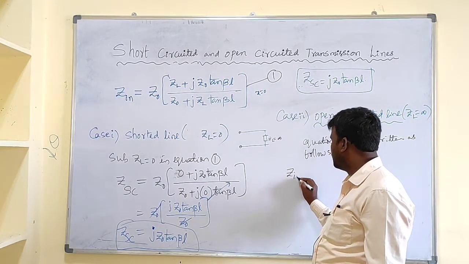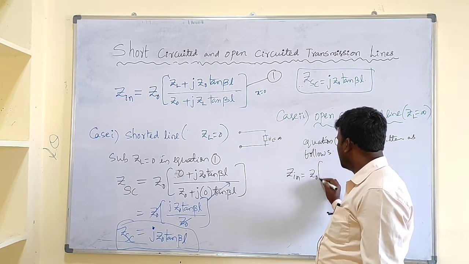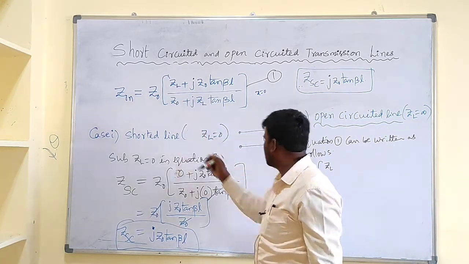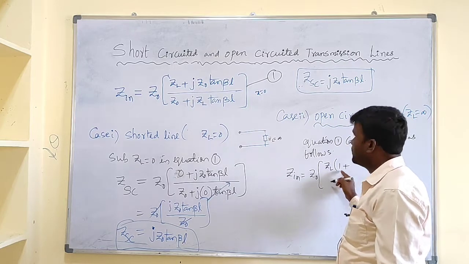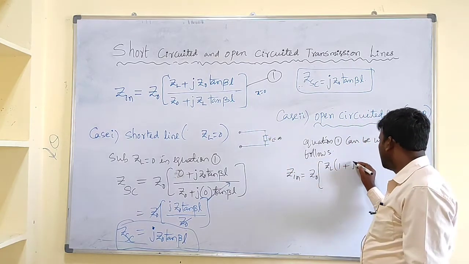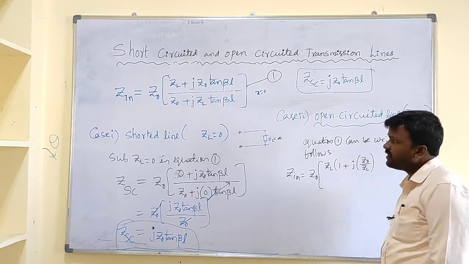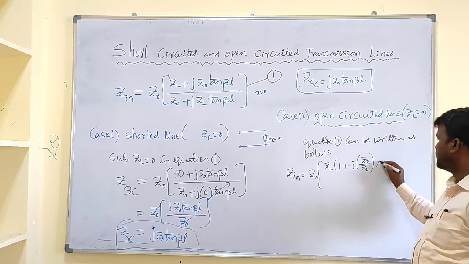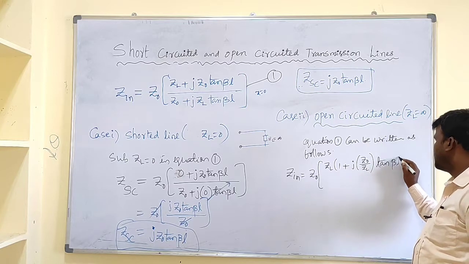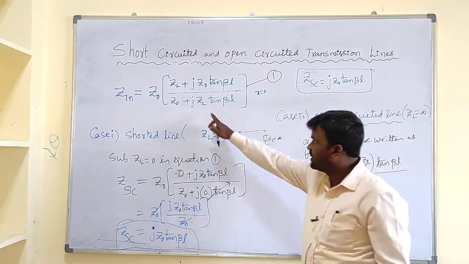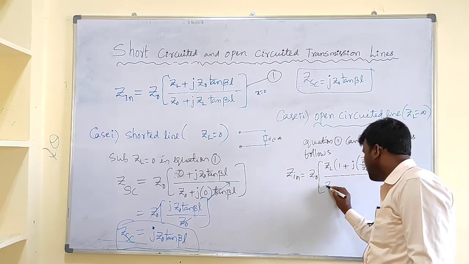ZIN equal to Z0 into, taking ZL as common, it is ZL into 1, that gives ZL, and here J Z0 by ZL into tan beta L, divided by, in the denominator also we need to take ZL as common.